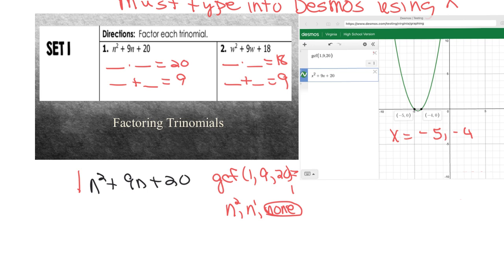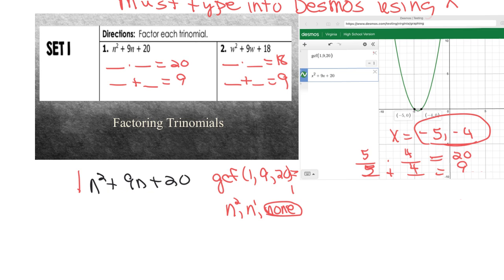To get the numbers that go in the blanks, we are going to take the opposite of these 2 numbers. So the opposite of -5 is 5. The opposite of -4 is 4. And we're going to check to see if that works. 5 times 4 is 20.